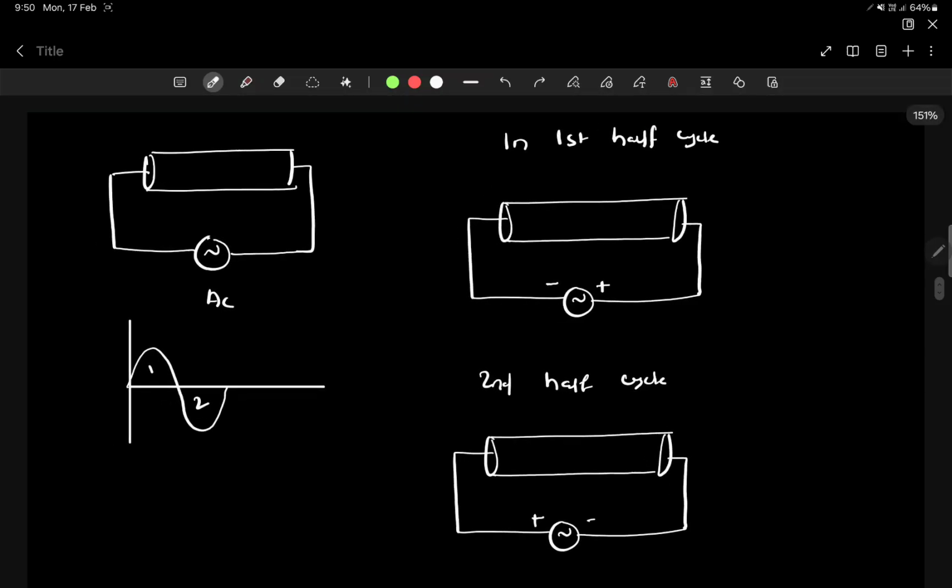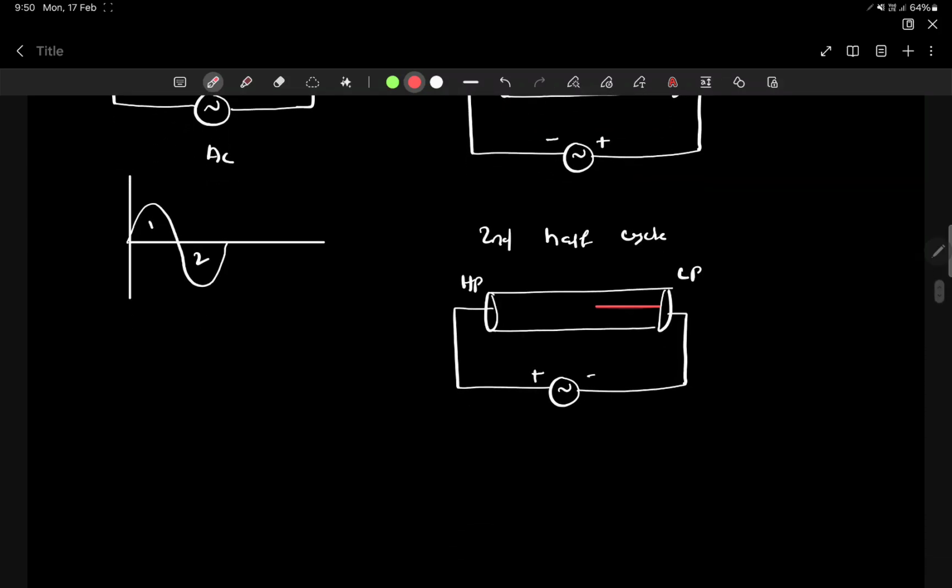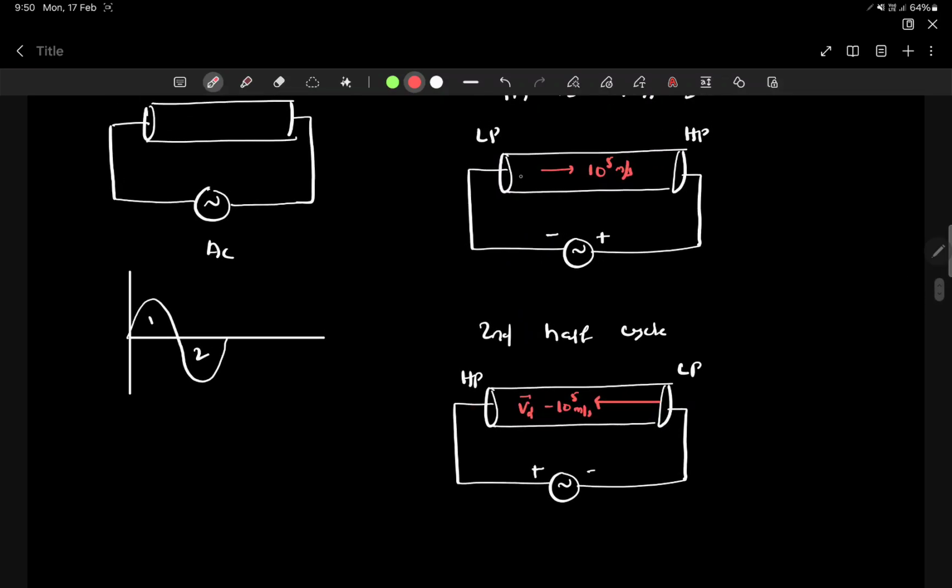When this is the lower potential and this is the higher potential, in the second half cycle this represents the higher potential and this the lower potential. So in the first half cycle, the electron starts to move from lower potential to higher potential. Let the drift velocity of the electron be 10 to the power 5 meter per second. In the second half cycle, it will be minus 10 to the power 5 meter per second, because it is a vector.